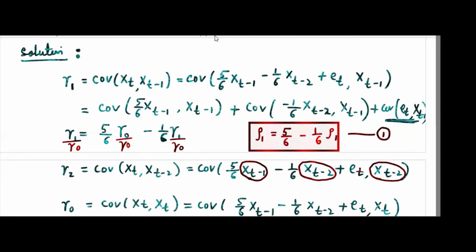It's independent of the past of the process. This is the random shock today. That's why in our model there is a stochastic part. So the stochastic part of today, the random shock, white noise, whatever you say, has no link with the past value of the process anyway. So this will be 0. So our second equation will be this. Let me write here only.